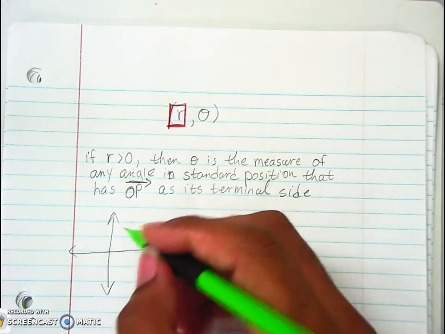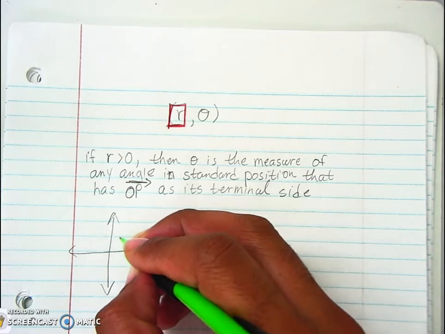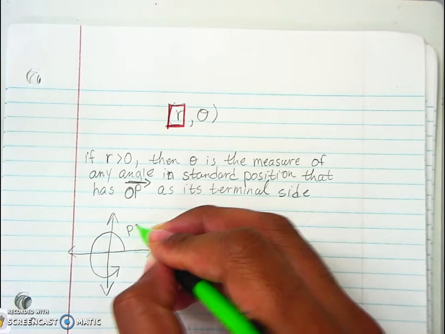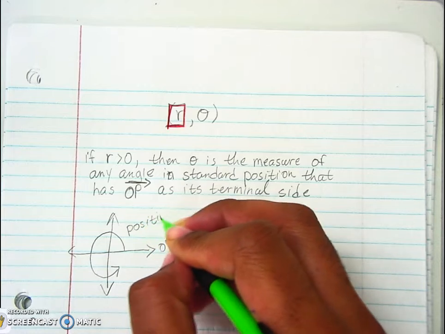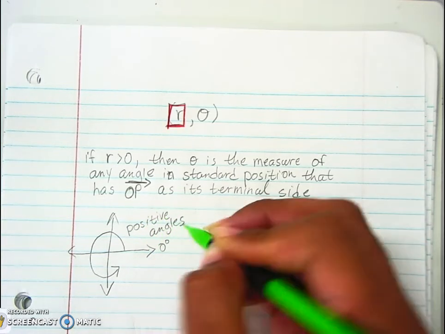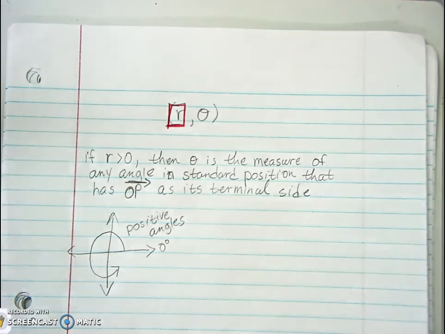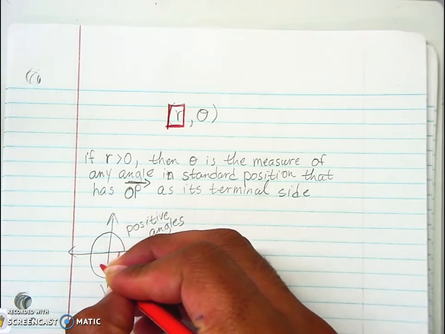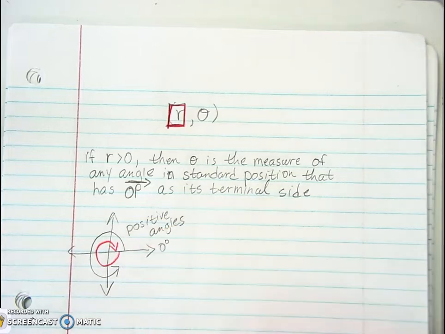Either way, we know that if we go this direction, we have positive angles, right? And if we go the opposite direction, we have negative angles.